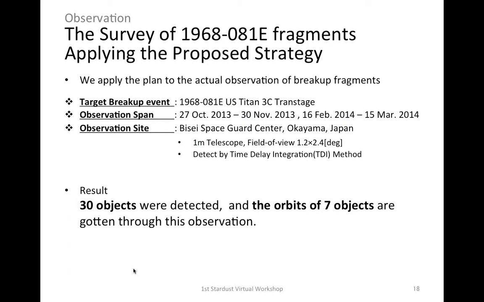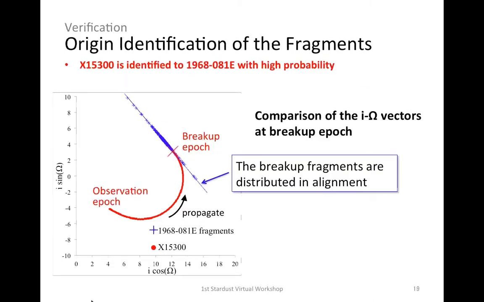Based on the observation planning, we actually performed the observation for the fragments generated by the 1968-081 breakup. As a result, we detected 30 objects and got the orbits of 7 objects.